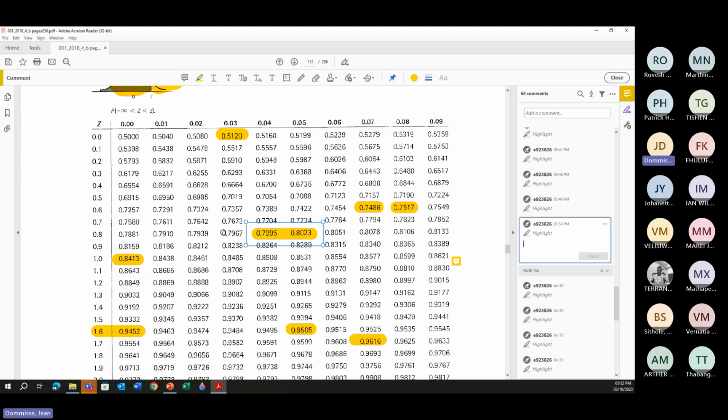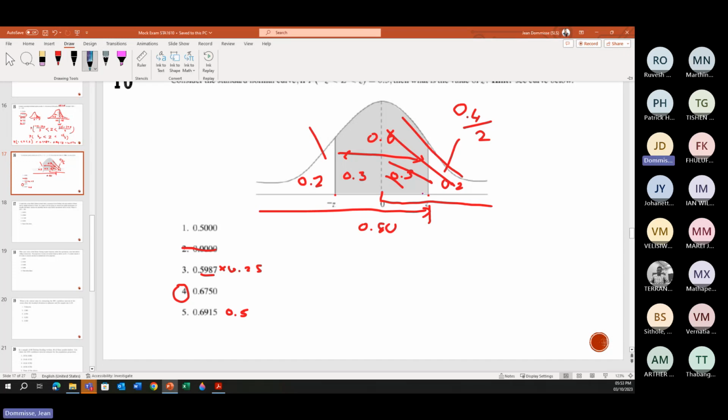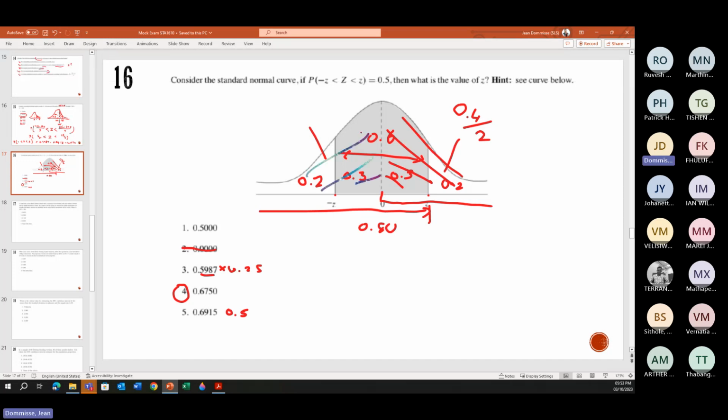But the most important part in this is that we're looking at symmetry. So it doesn't matter what number they give us. Remember that you can halve it to say on the one side it's half of it, on the other side it's also half. And then because it's symmetry, this side needs to be equal to 0.5, and this side needs to be equal to 0.5.